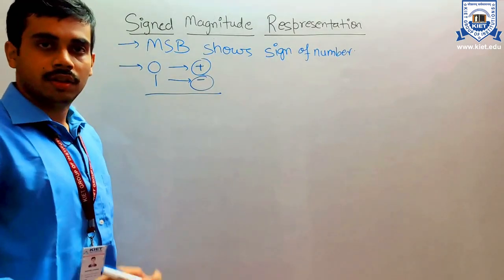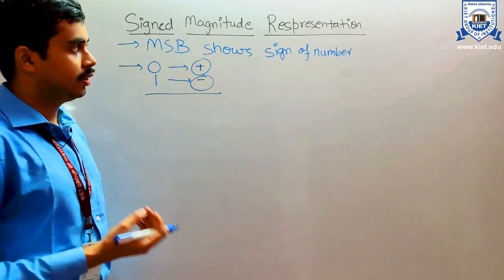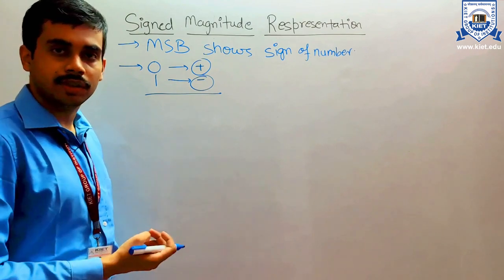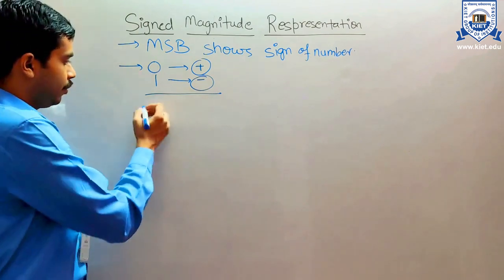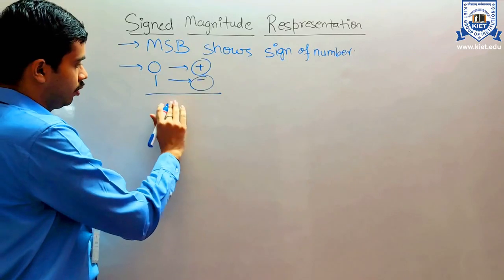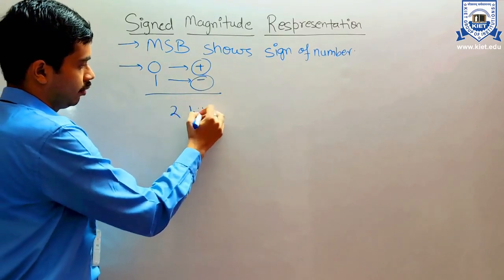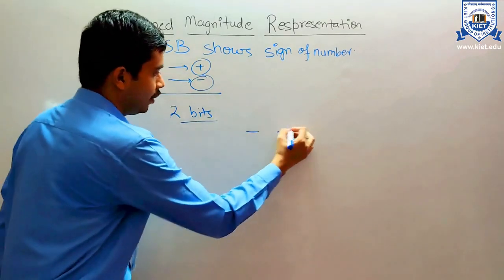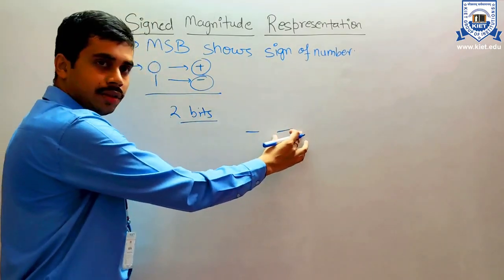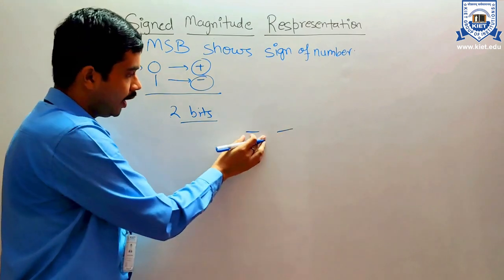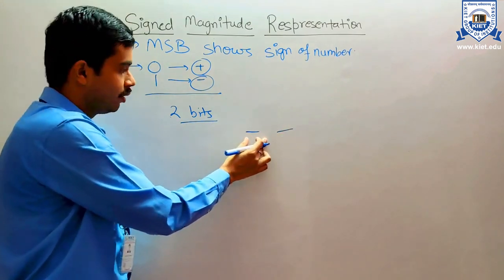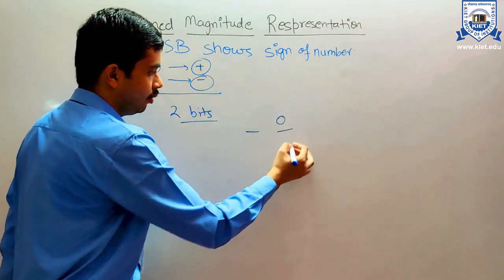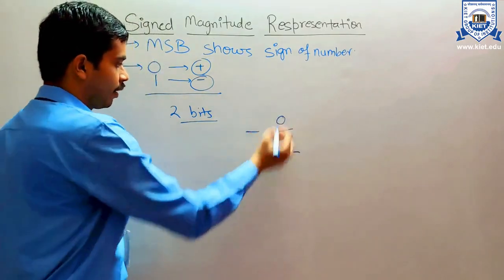So now we have to talk about the range of this number system, range in terms of the number of bits we are storing the numbers. Suppose we have 2 bits to store numbers. One will show the magnitude and the other will show the sign, and each may be 0 or 1.